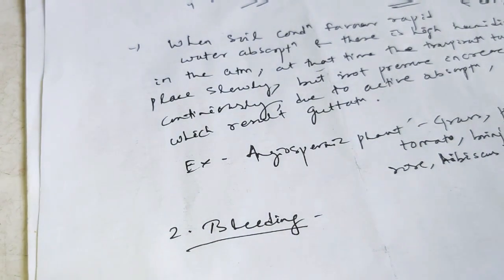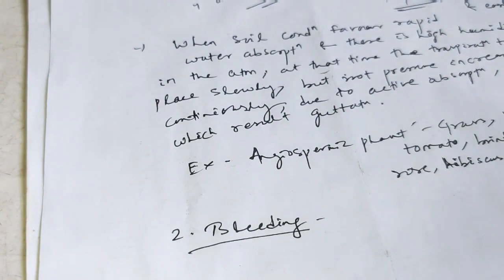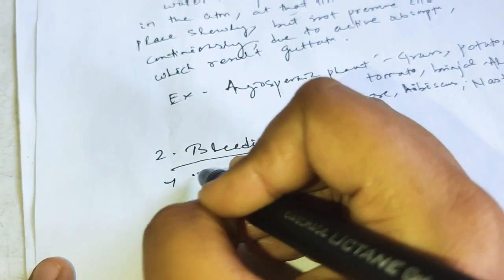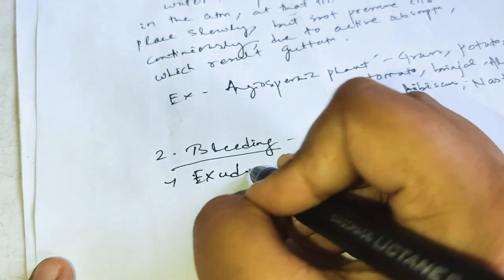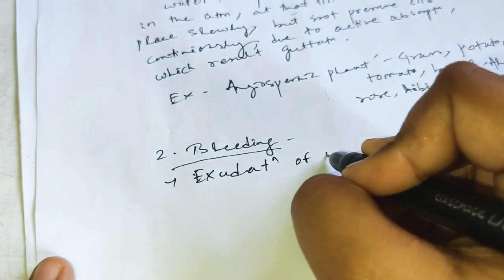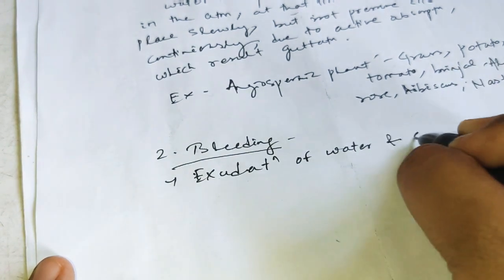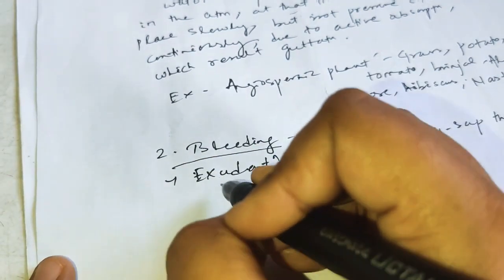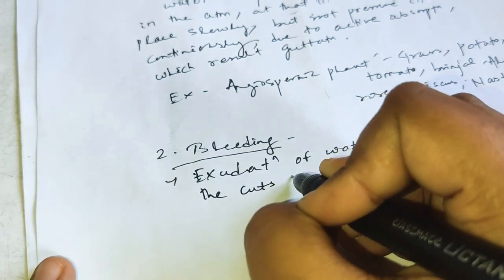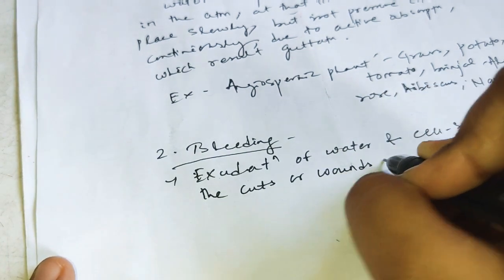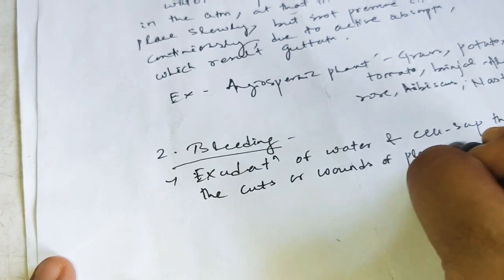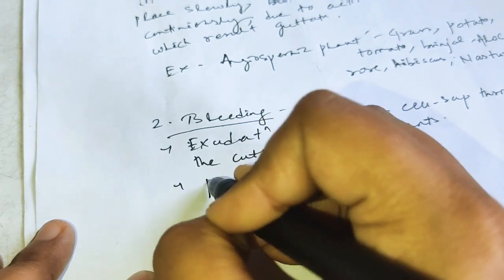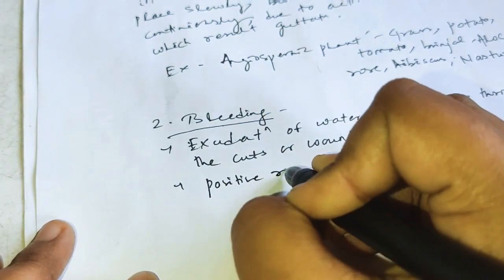The exudation of water and cell sap through the cuts or wounds of plant parts. So the definition is the exudation or secretion of water and cell sap through the cuts or wounds of plants. And this bleeding also happens due to positive root pressure.